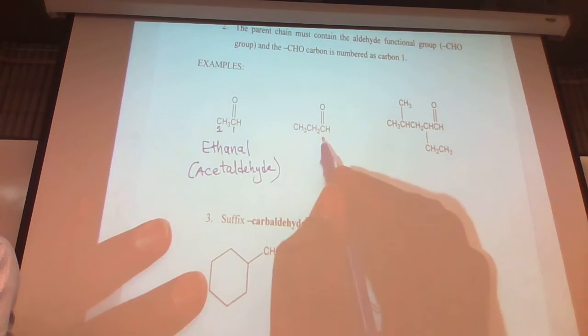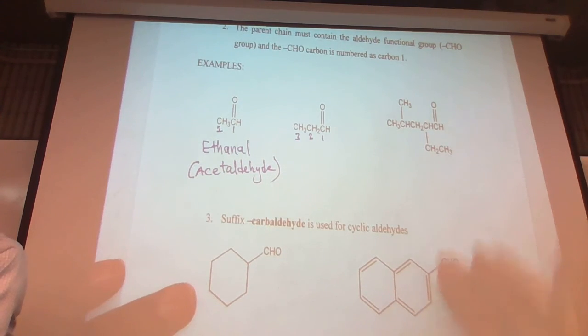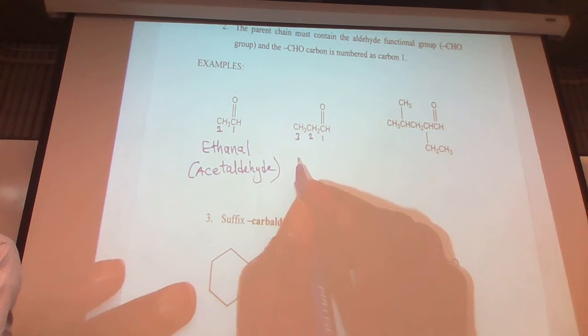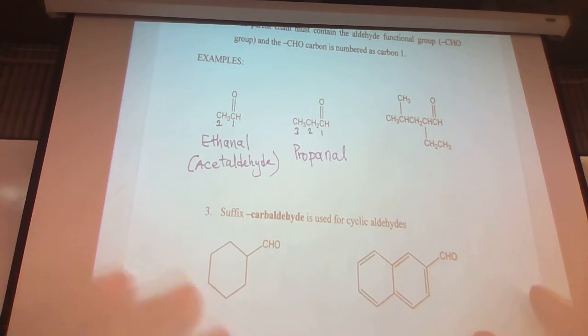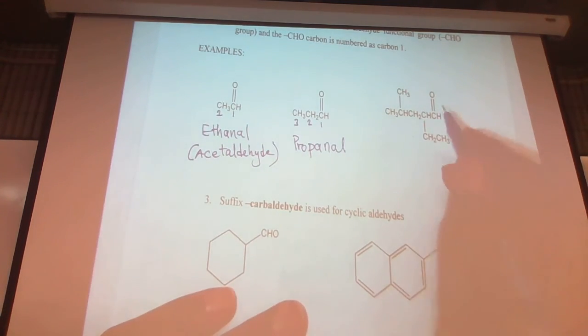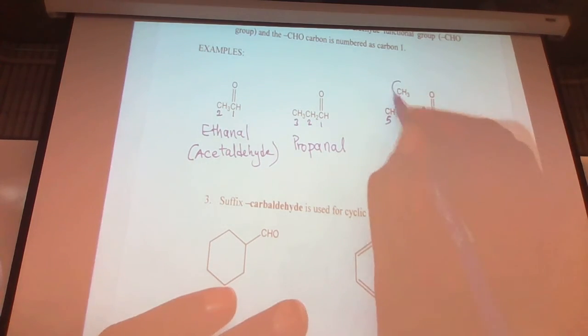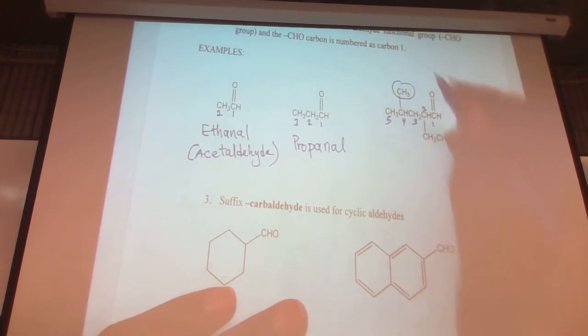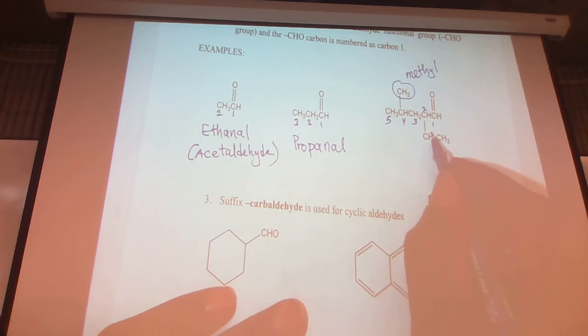For the second one, you have 1, 2, 3. And what would that be? Propanal. Don't be scared to say it out. Okay. So here you have 1, 2, 3, 4, 5. So you have a methyl group coming off of the longest chain, correct? And then you have an ethyl group coming off of the base.